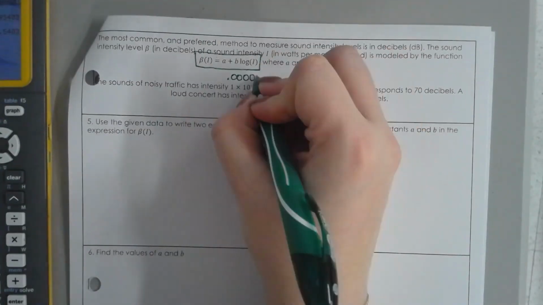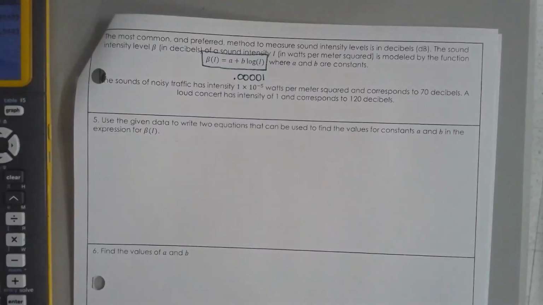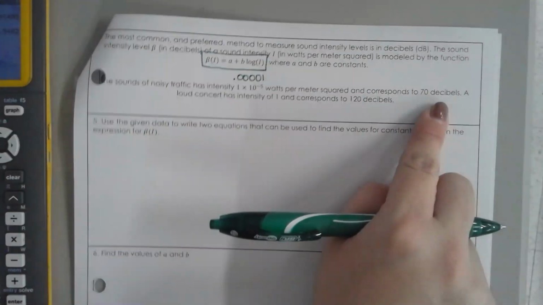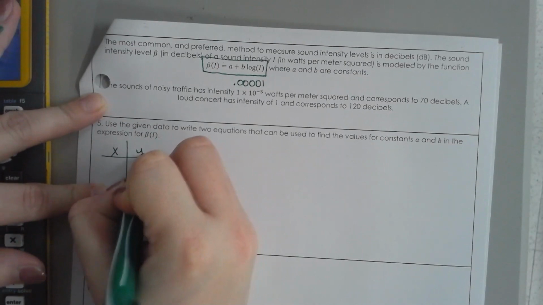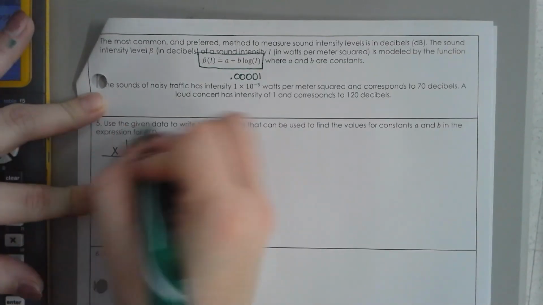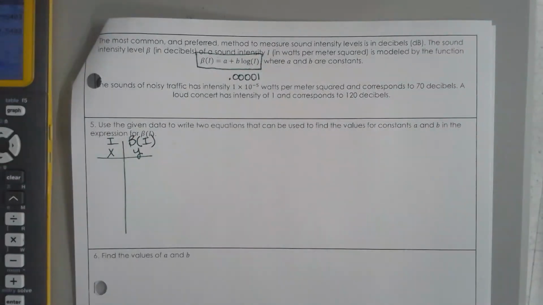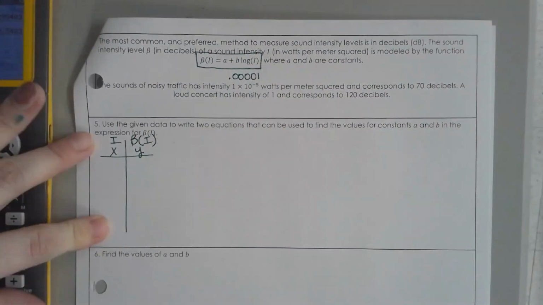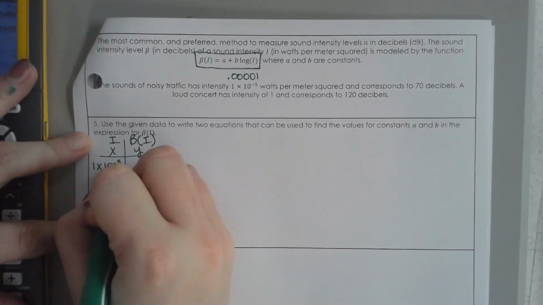This. It's just in scientific notation. And that has 70 decibels. So we're really looking at my X and Y. This would be I, beta I. So my X is 1 times 10 to the negative 5th.